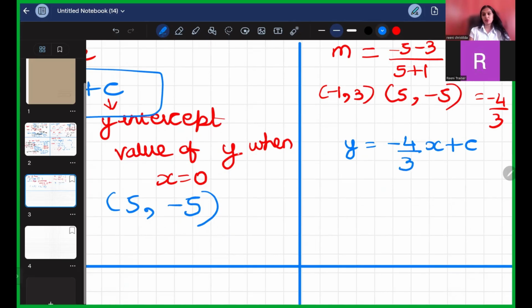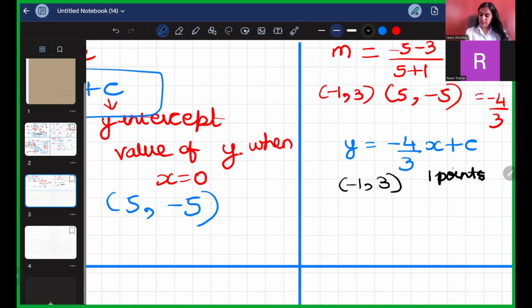After finding the slope, how many points do we need? We need 1 point. Let us choose (-1, 3).